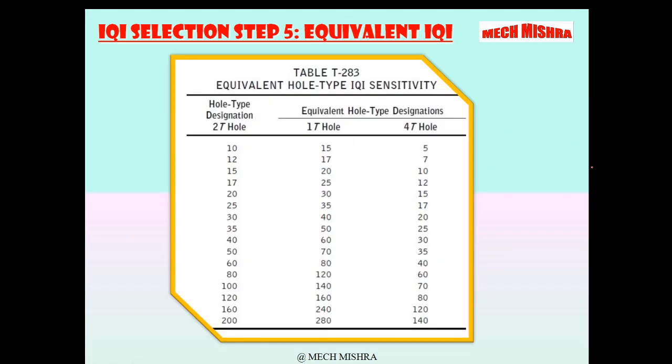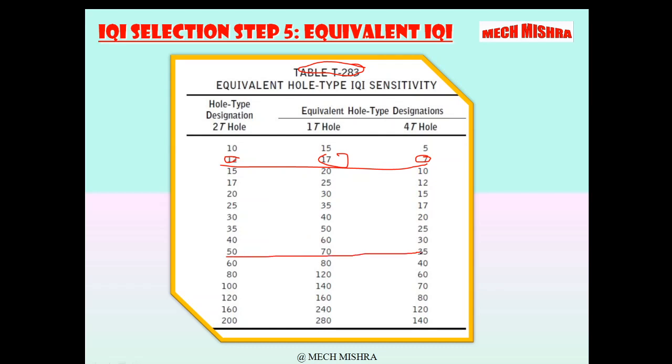Okay, so next, last is equivalent IQI. This is given in ASME Section 5, Table 283. Equivalent hole type IQI sensitivity means for the hole type designations 1/2T, 1T and 4T, these have equivalent sensitivity, so we can use them vice versa.